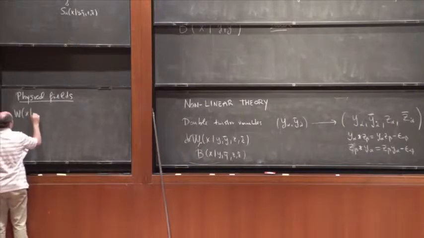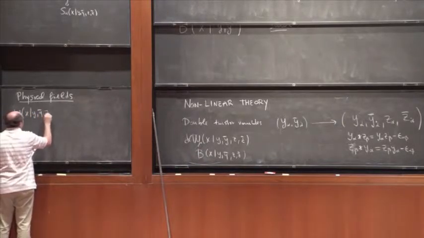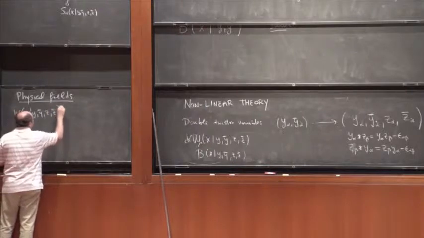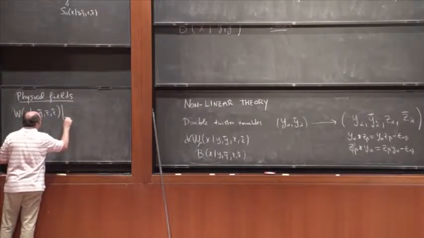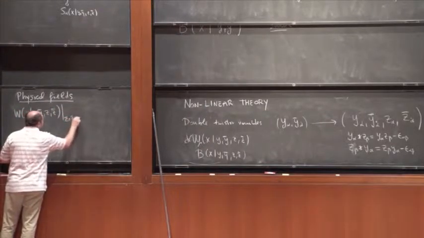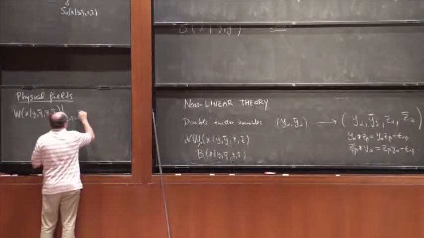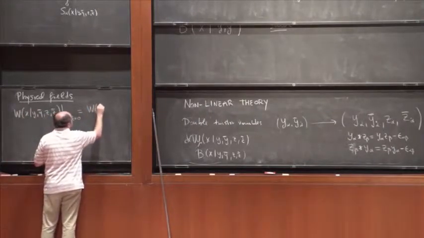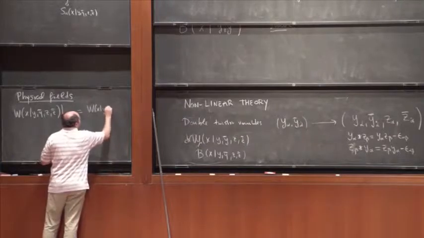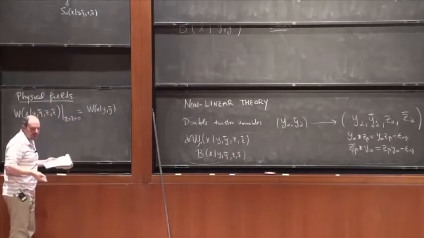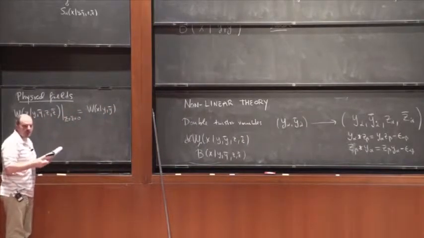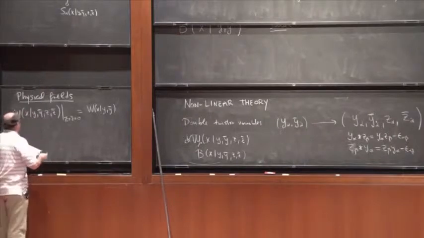This at z equals z bar equals 0 will be that field that I introduced last time, essentially. And this field will include the vielbeins and spin connections. So in other words, the higher spin gauge fields.